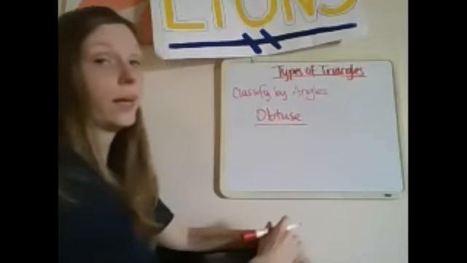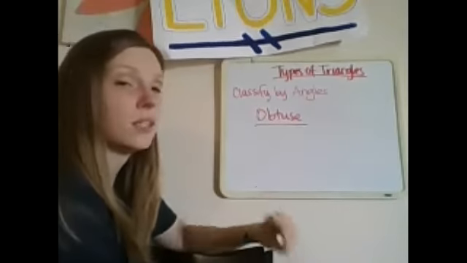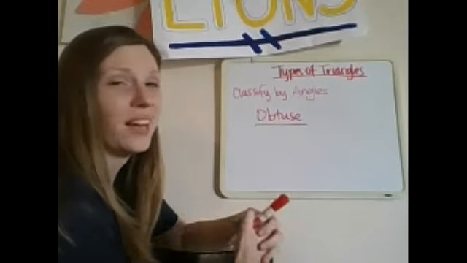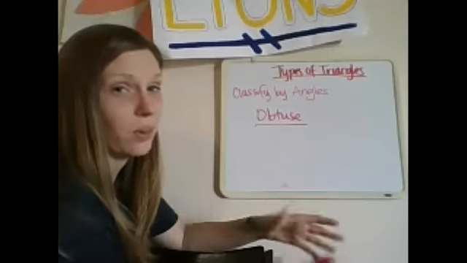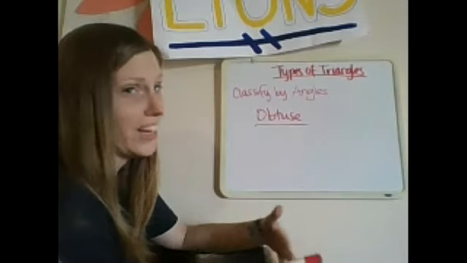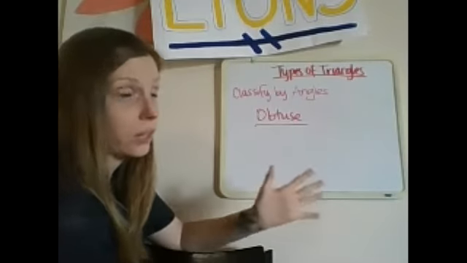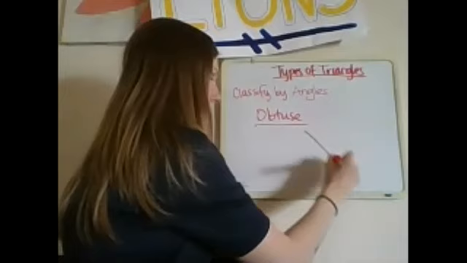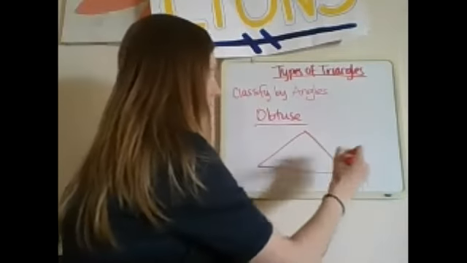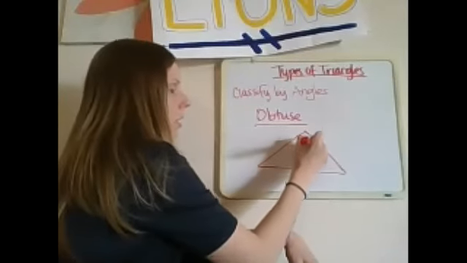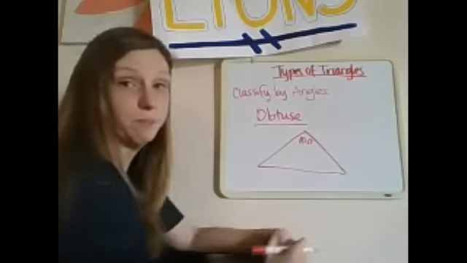An obtuse triangle just needs one angle to be bigger than 90 degrees. Okay, you can't have all three angles be bigger than 90 degrees and it still add up to 180. It just doesn't work. Only one angle will be bigger than 90 degrees. So say for instance, we have this triangle right here, and I tell you that this up here is 100 degrees.